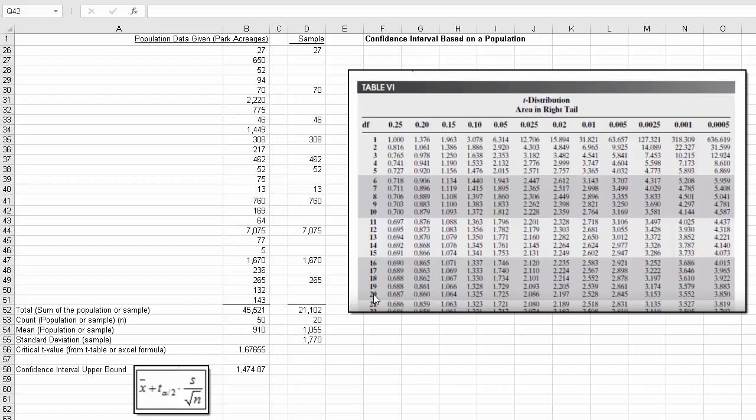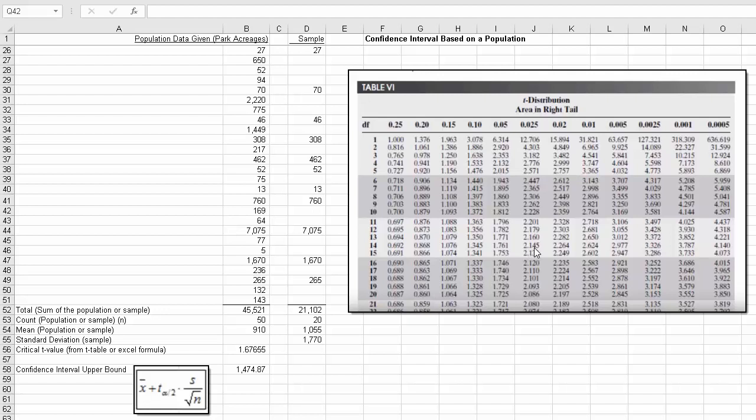So let's say we only had 20. Oh, no, I'm going to use a different number. Let's say we only had 15 in our population. Then we would use 15 minus 1 is 14, and we would move over to 0.025, right? That would be half of the tail of a 95% confidence interval if we were using 95% as our confidence, and we would use 2.145.